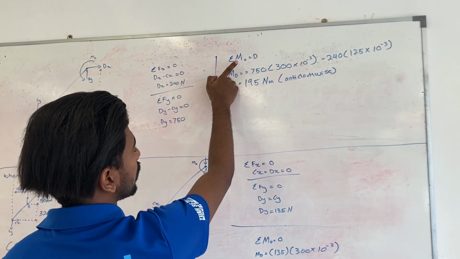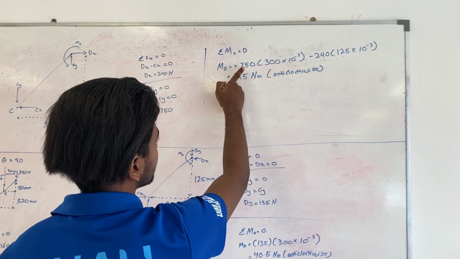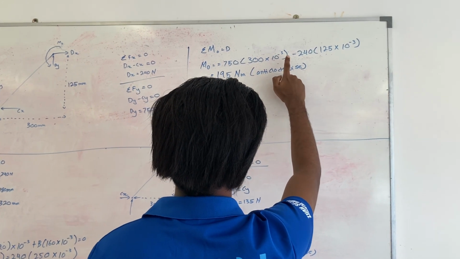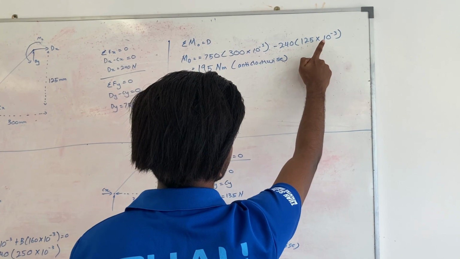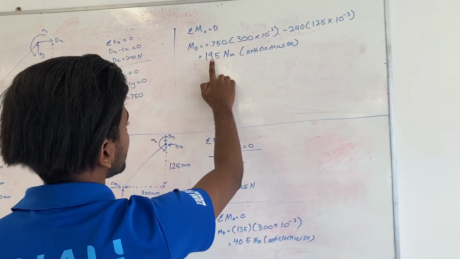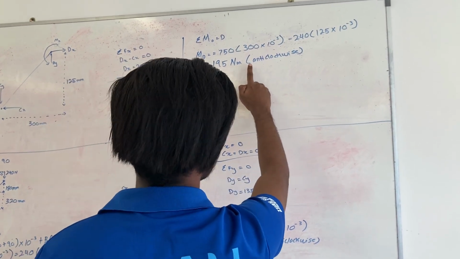Summation of moment on point D, MD equals 750 bracket 300 times 10 power of negative 3 minus 240 bracket 125 times 10 power of negative 3 bracket, and we got 195 Newton meter anti-clockwise.